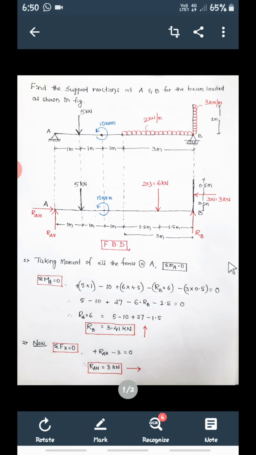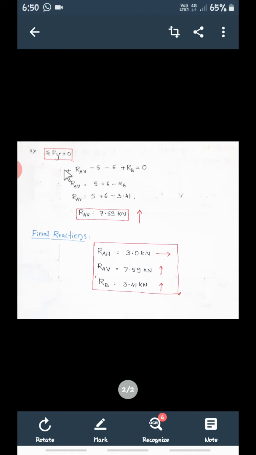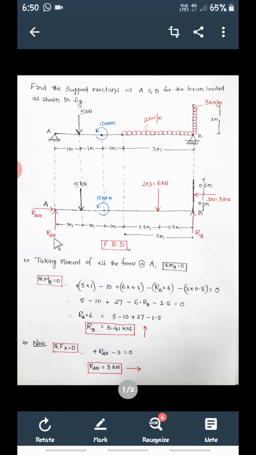Now what is left? We are going to use one more equation, summation Fy is equal to 0, the summation of all the vertical forces. Before writing, see how many vertical forces: 1, 2, 3, 4. These will not come into the picture.